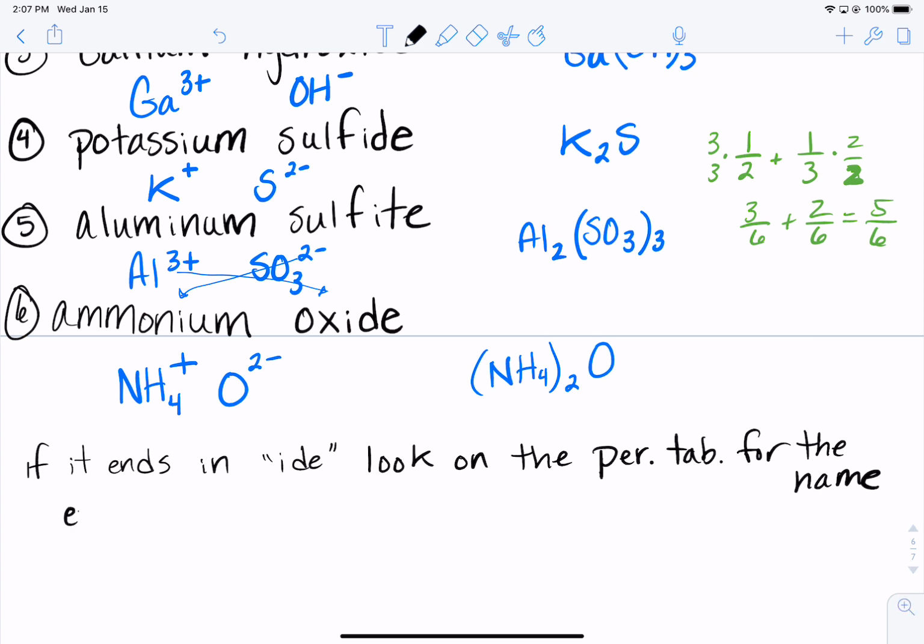What's a polyatomic ion that ends in "ide"? What is it? Hydroxide. Good. Hydroxide. You'll have to remember it so you don't lose your mind looking for it on the periodic table. It is OH minus. There's another one on there. Cyanide. Yeah.